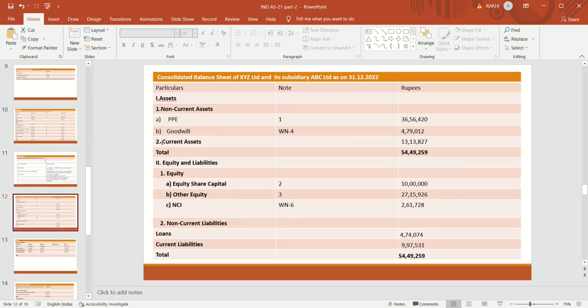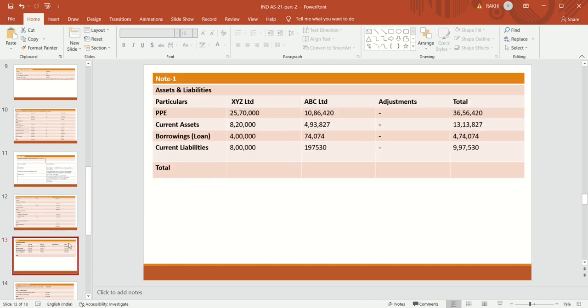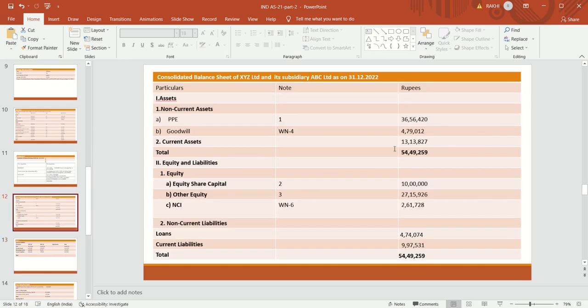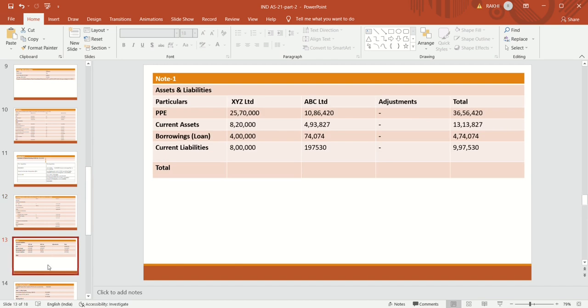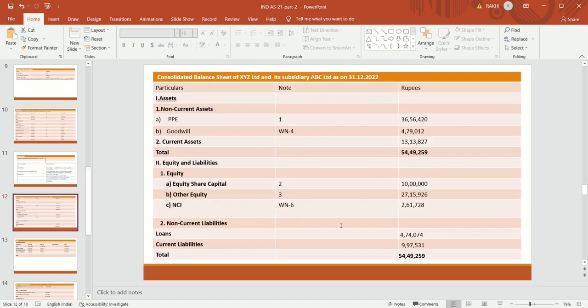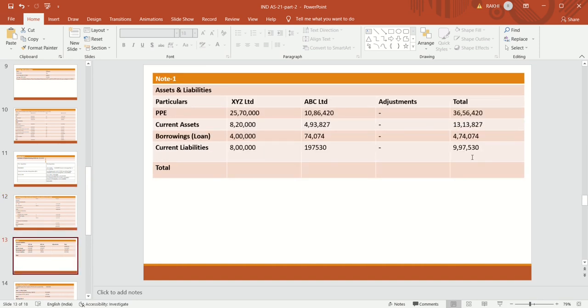Property, plant and equipment we will take that is 56,420. Current asset we will take as 13,13,827. Then borrowing, that is loan, we will take 4,27,74,046. Then current liability is 9,97,530.